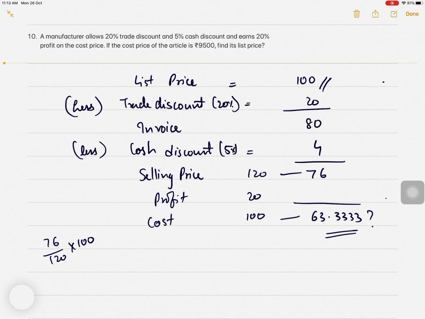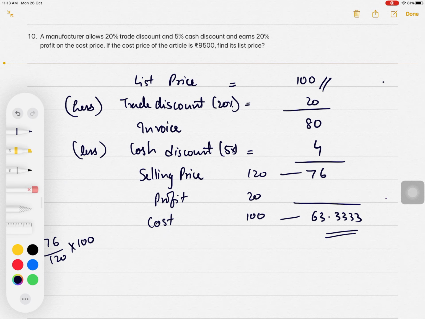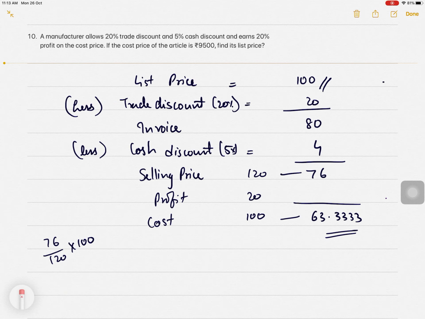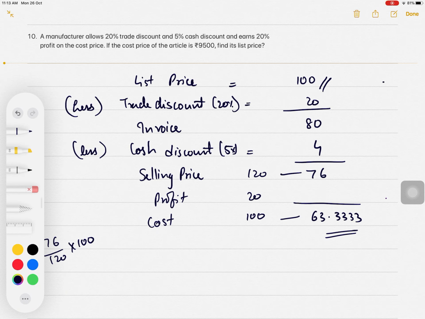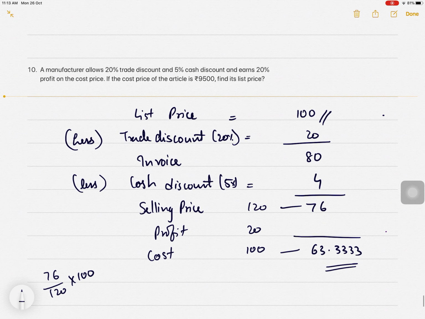Right? And cost price is given as 9,500. How much is the list price?